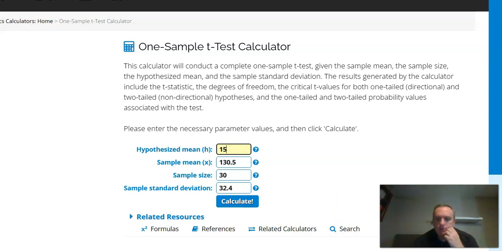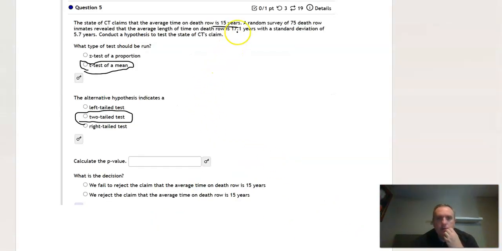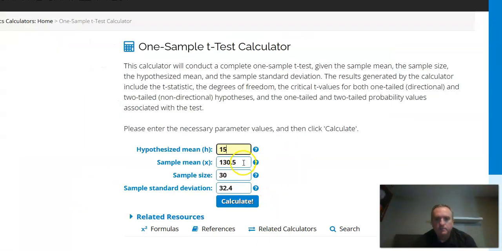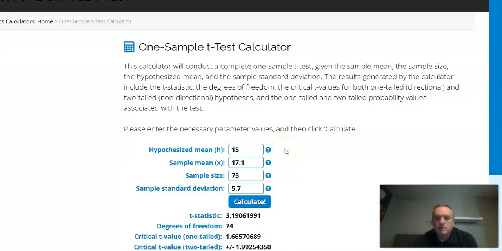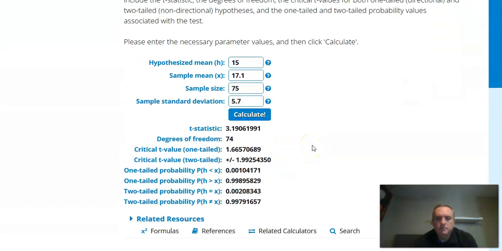Our sample mean showed 17.1 years with a standard deviation of 5.7. I think our sample size was 75. Click calculate.